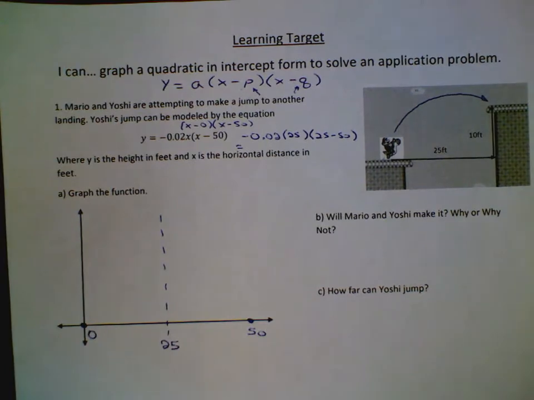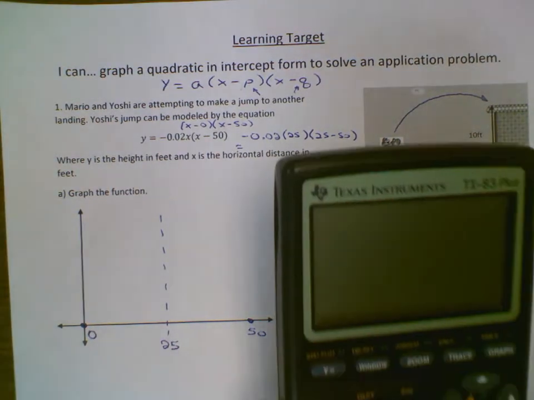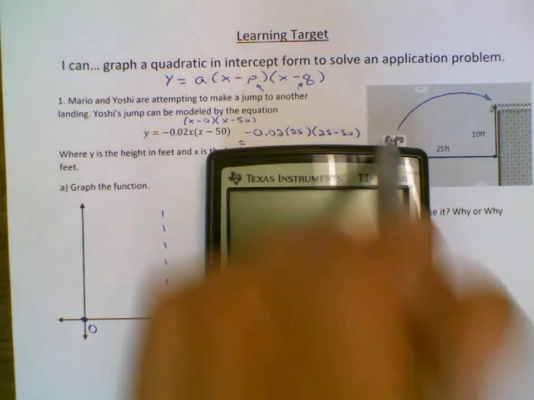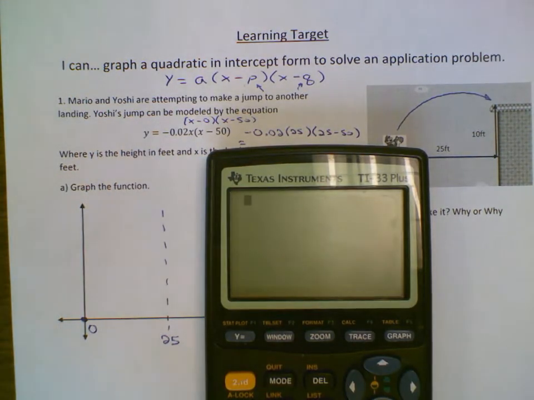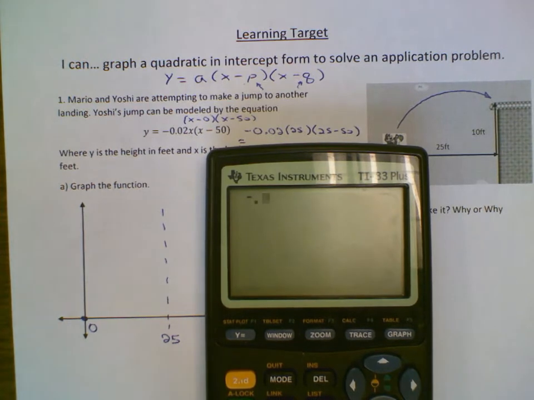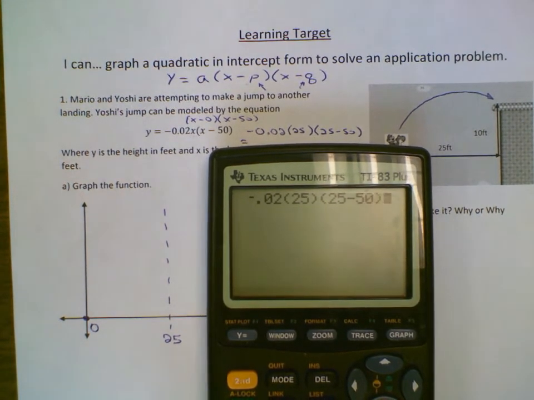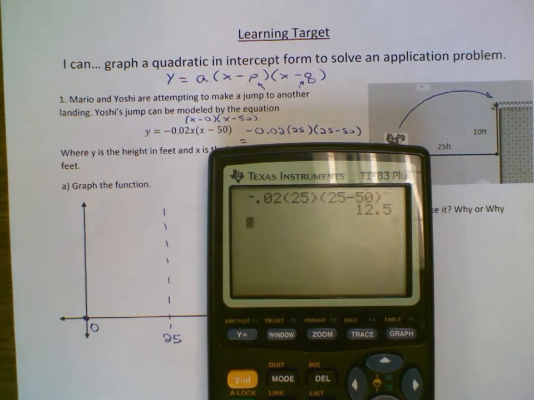So on my calculator here, I'm taking negative 0.02 times 25 times 25 minus 50. Okay, plug it in exactly how it's written with the parentheses and everything. If you hit enter, it'll tell you 12.5 feet.